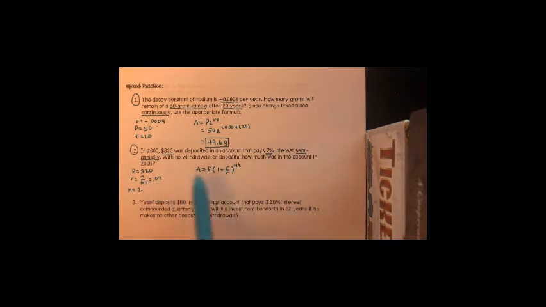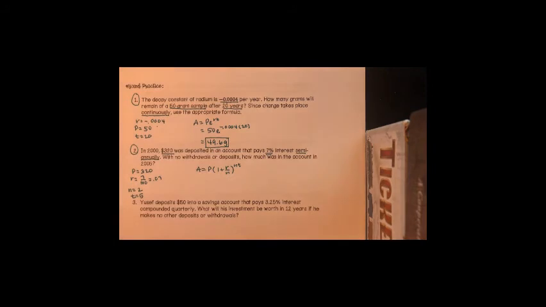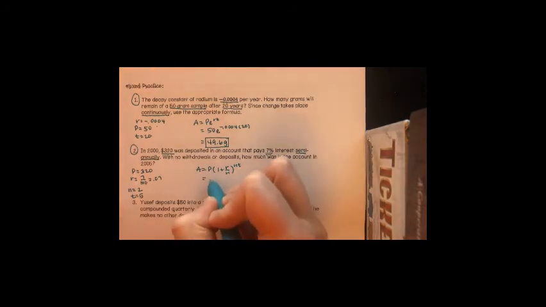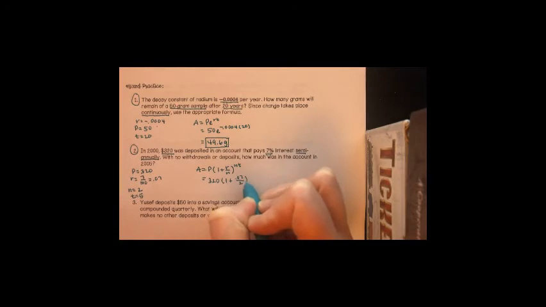I have P, I have R, I have N, so the last thing I'm looking for is T. T is our time. So we started in 2000 and we're ending in 2005. So that means our T is going to be 5 for 5 years. So plugging all these numbers in, I've got 320, 1 plus 0.07 over N, which is 2, raised to the 2 times 5.